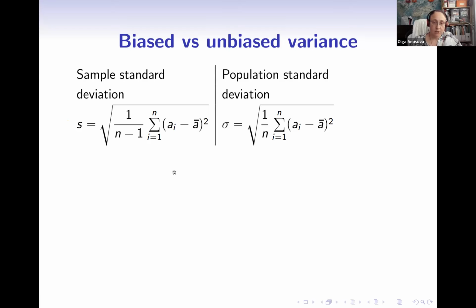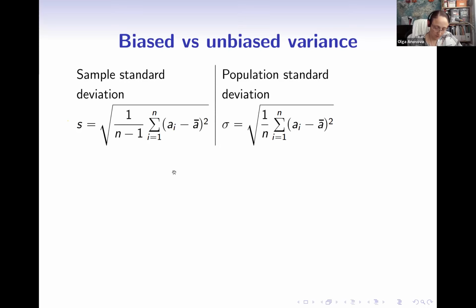Imagine you have created a synthetic population and you know your ideal mean and standard deviation or variance for it. Then you want to test what happens if you take samples from that big population and calculate variance and standard deviation based on those samples.